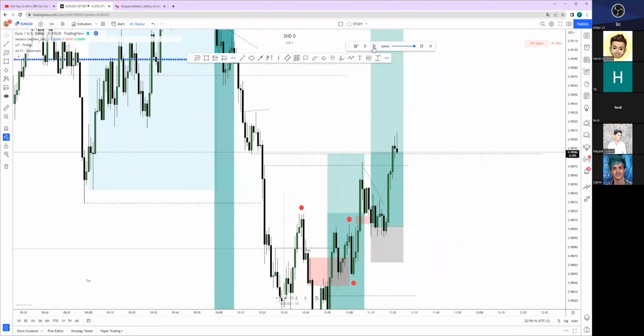So let me draw it for you again. What does it look like? Yeah, like this. So this is this high. This is this low. You just had this breaker. And naturally, you want to see price go higher for better pricing and to even mitigate something.